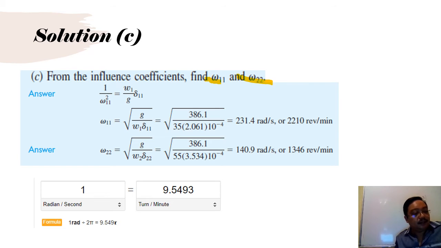What does it mean? You see in this graph, you remember the figure in the question, the shaft here, and this is the load, the load 35 pound, and this is the load 55 pound.